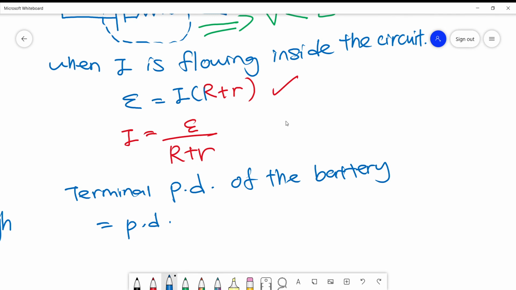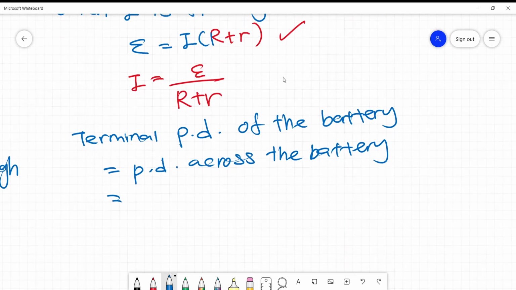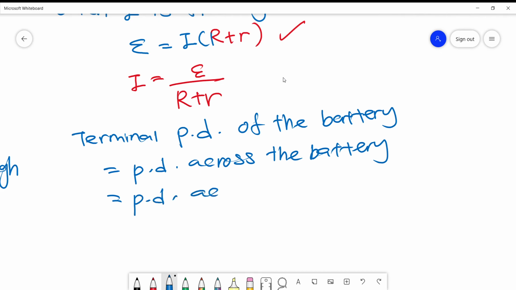across the battery, so these two are actually the same, and also equal to the potential difference across the external resistor.